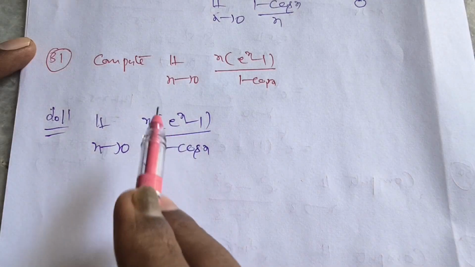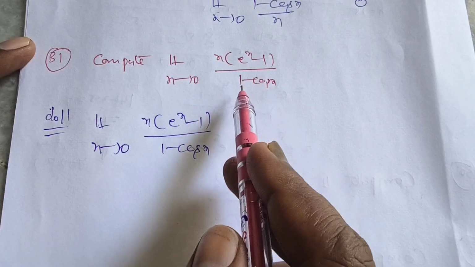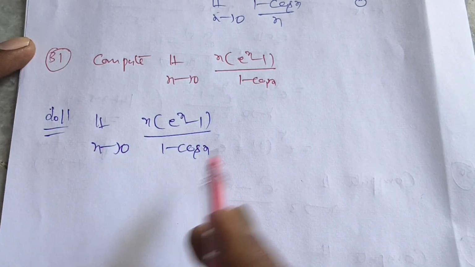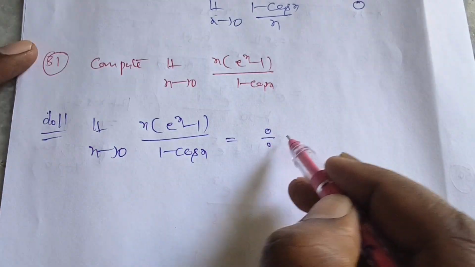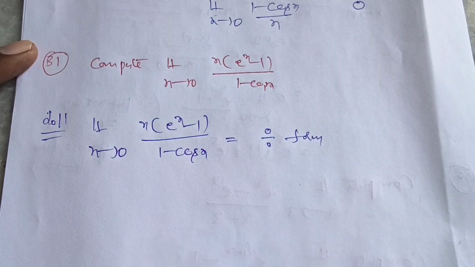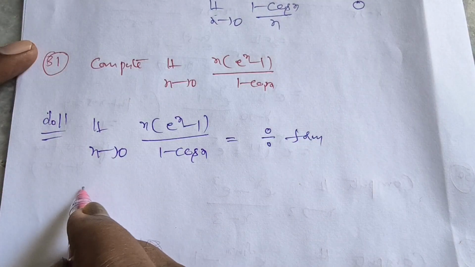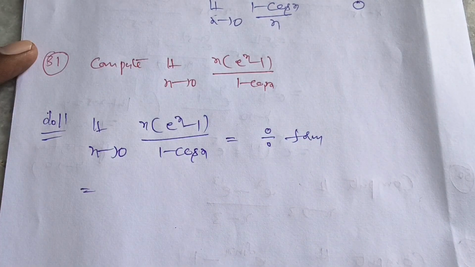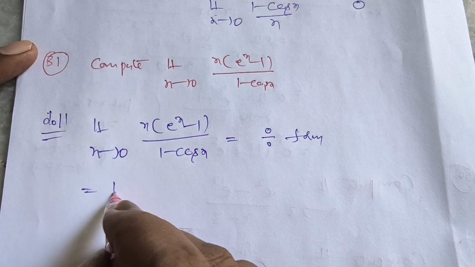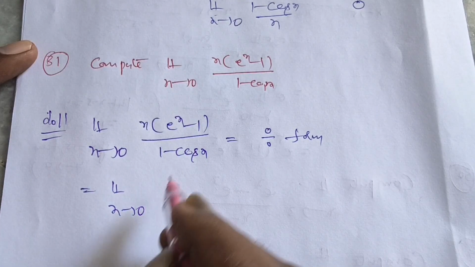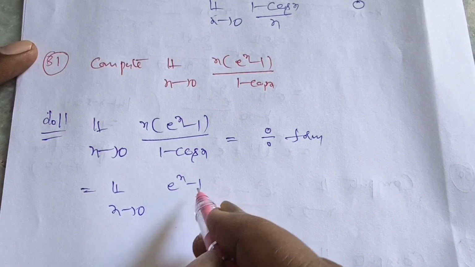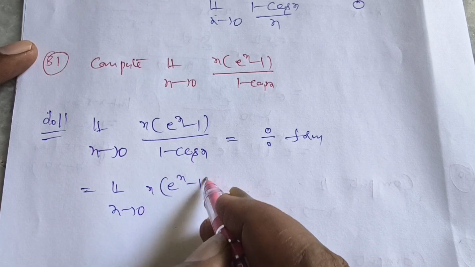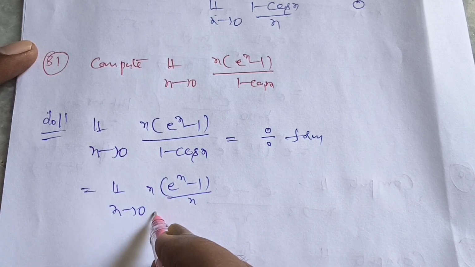Okay. Now compute limit x tends to 0, x into (e power x minus 1) by (1 minus cos x). So if we put x equal to 0 in this function, it is of the 0 by 0 indeterminate form. That's why we can simplify this function.